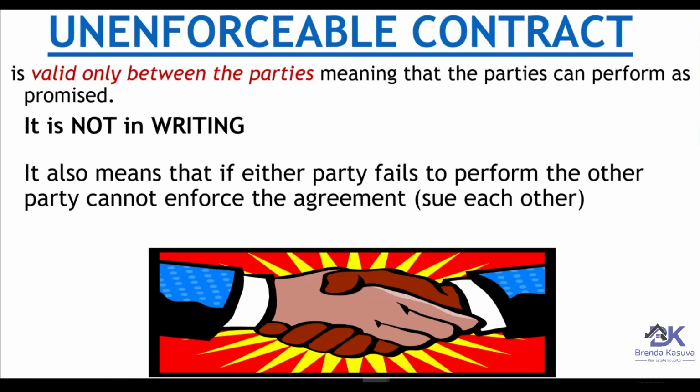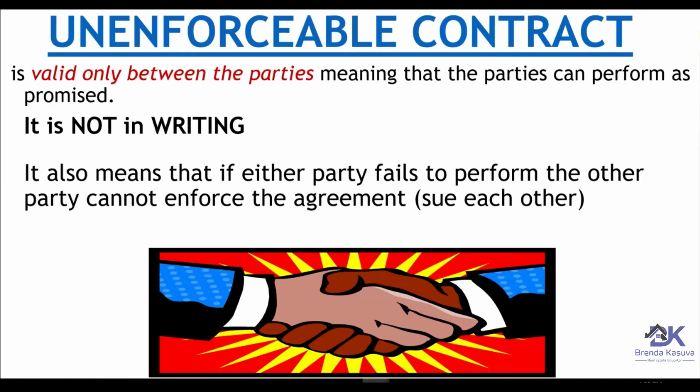An unenforceable contract is a valid contract, not in writing. I cannot sue you. So this would be a handshake. Hey, I'm gonna fix your car. So this also ends up being what? It's implied because it's an action. It's not in writing, but it still has offer and acceptance. I'm gonna fix your car for $350, and are you okay with that?